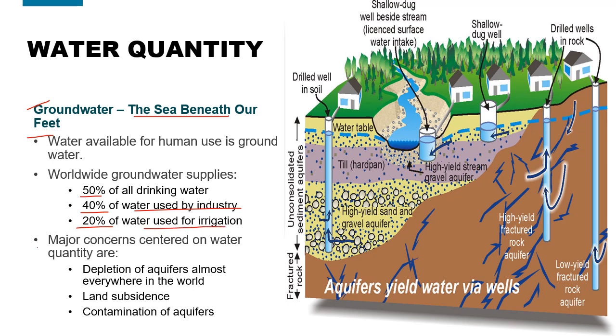So major concerns centered on water quality are, of course, ito, depletion of water or depletion of aquifers almost everywhere in the world, land subsidence, and contamination of the aquifers. So, ito yung mga concerns na dapat pagtuunan ng pansin ng mga tao. That's what, kasi naubos na yung fresh water natin, which is very useful sa human survival.